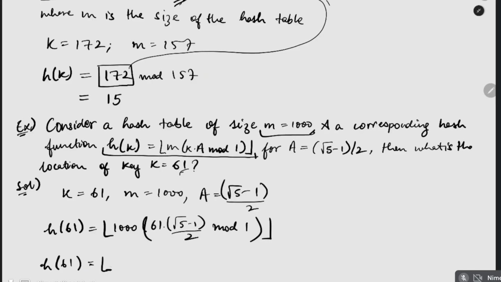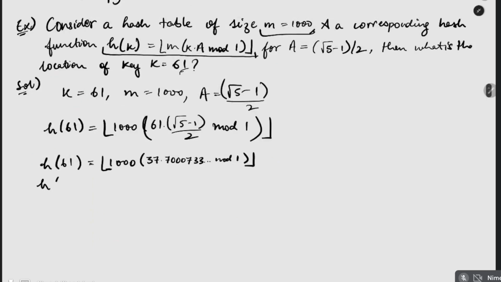If we evaluate this, we get 37.7000733 and so on, modulo 1, floor.